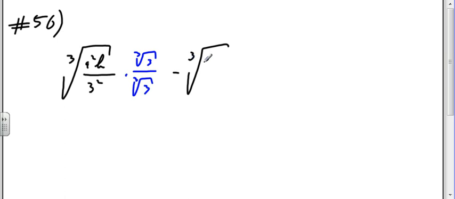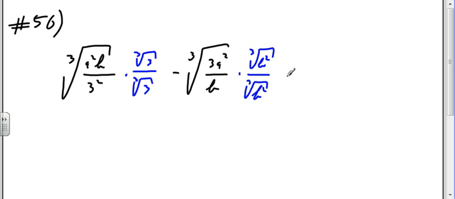the cube root of 3 A squared over B. Okay, and I'm going to rationalize that denominator, so I'm going to take the cube root of b squared over the cube root of b squared.